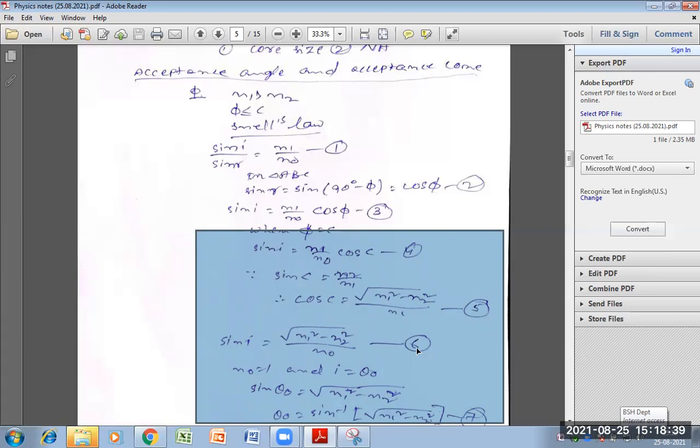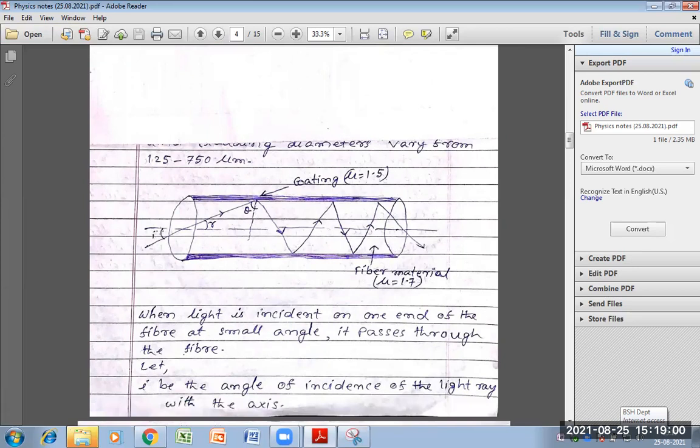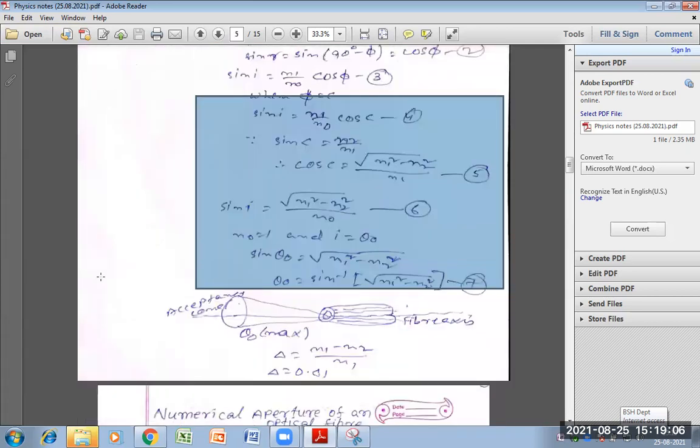When the incident ray is launched from the air medium, look at this diagram. The incident ray passes through the air medium and enters the fiber optic. In that case, N0 is equal to 1 and I is equal to theta naught.